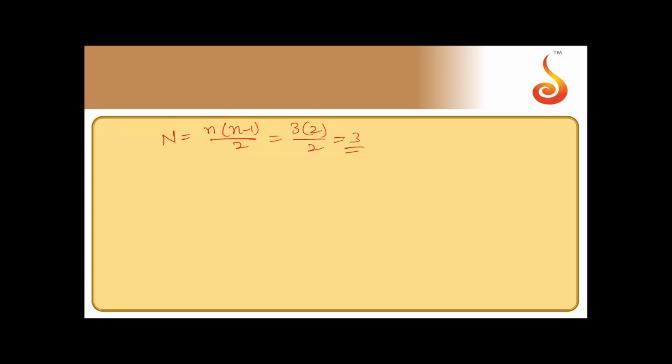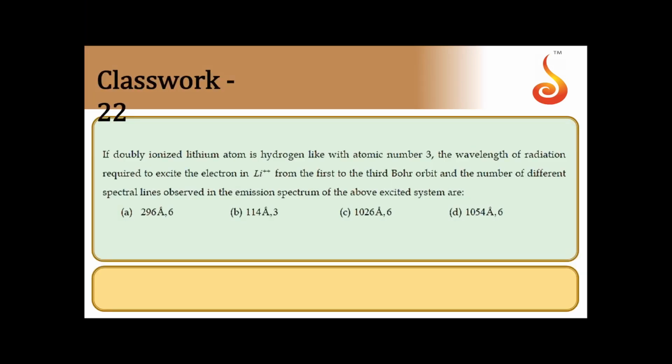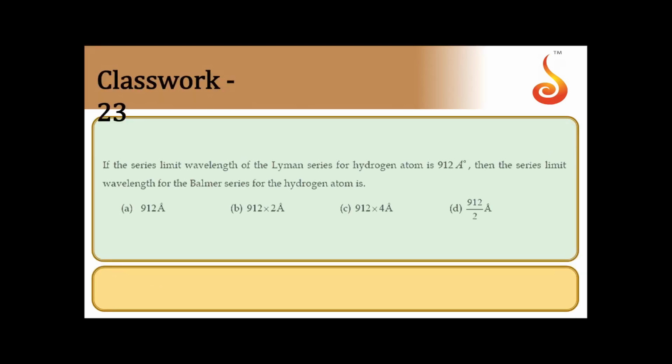So number of spectral lines emitted is 3 and wavelength is 114. So it should be option B. So we shall proceed further.